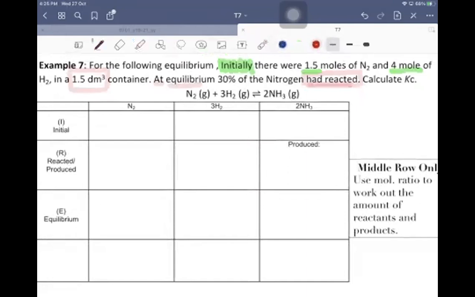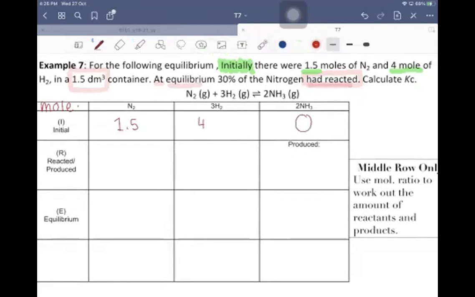Initially, 1.5 moles of nitrogen and then 4 moles of, okay, remember this is mole, right? That means we need to do an extra step to convert the mole to concentration. 4 moles of hydrogen, no mention of moles of the product, so I'm assuming they started with 0 product, okay?